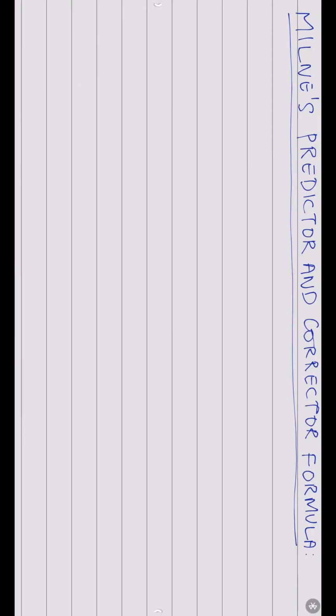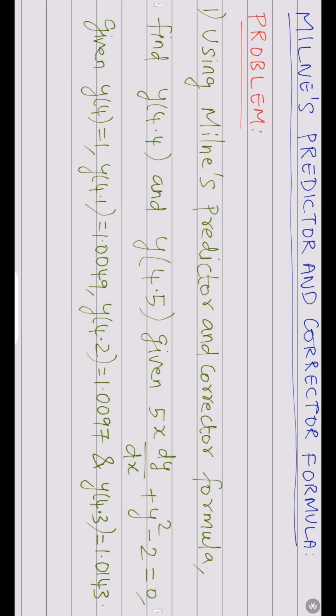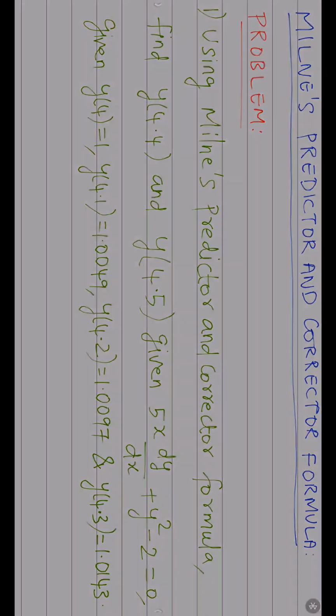Here we are going to use Milne's predictor and corrector formula to find y of 4.4 and y of 4.5 for the given ordinary differential equation 5x dy by dx plus y square minus 2 equal to 0, with the given conditions y of 4 equal to 1, y of 4.1 equal to 1.0049, y of 4.2 equal to 1.0097 and y of 4.3 equal to 1.0143.